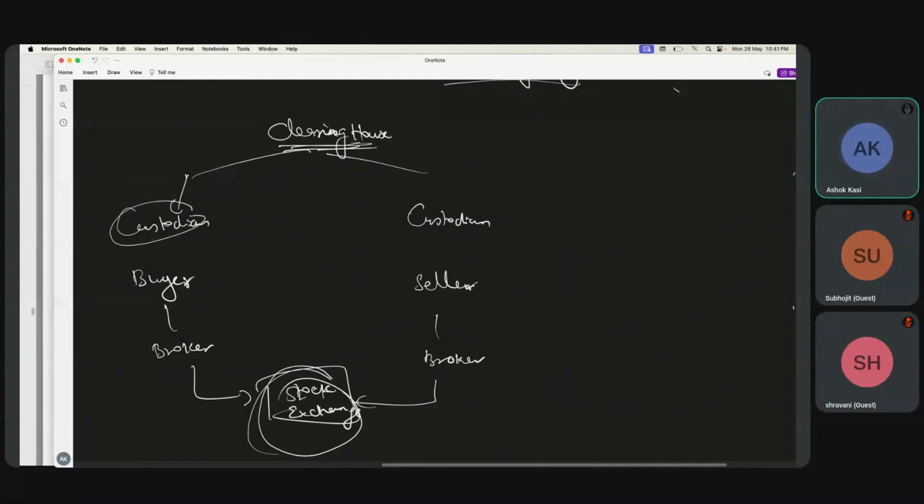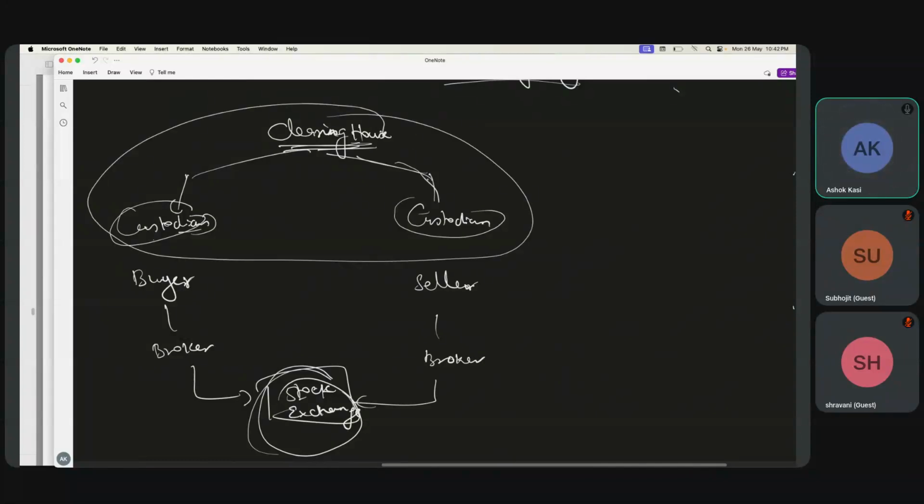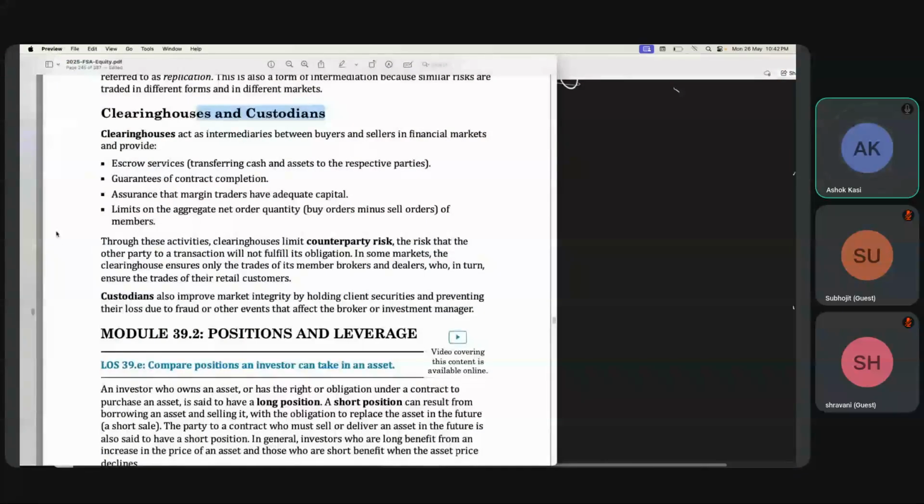Now this custodian also will come to know that you have placed the deal, because they are supposed to safeguard, right? So they will have to record all the transactions that you are doing. And they will coordinate with the clearing house, and they will help in settlement. So the clearing house is, unofficially, like the cash counter of the stock exchange mall.